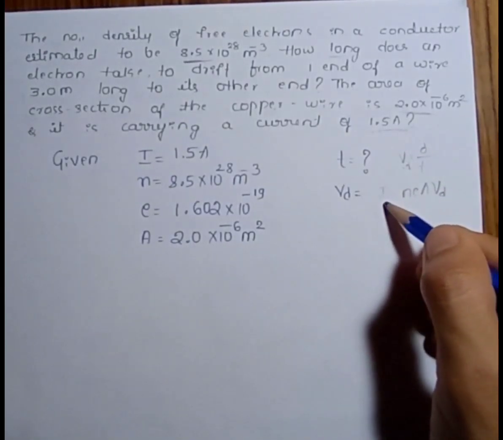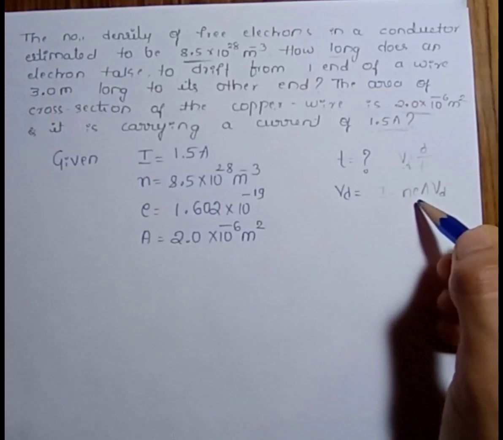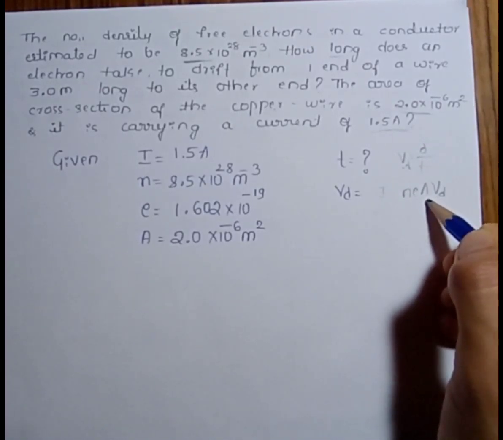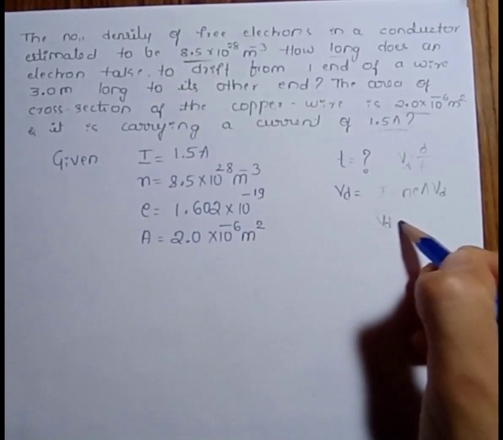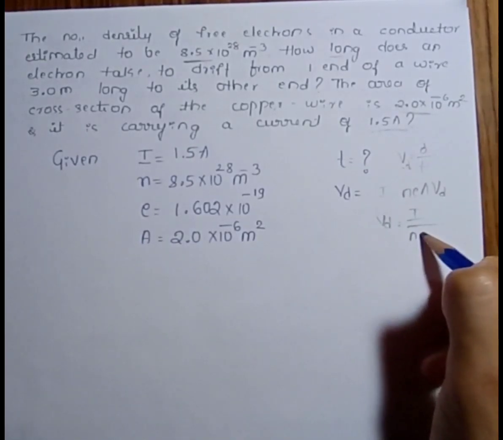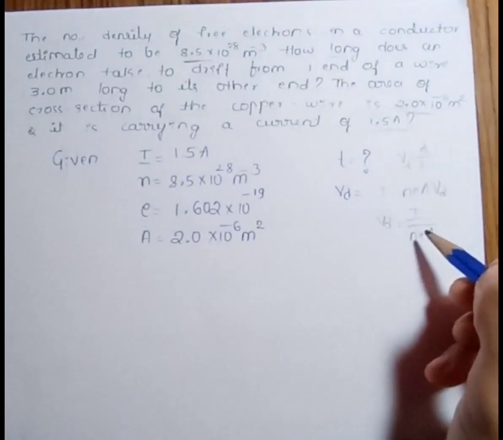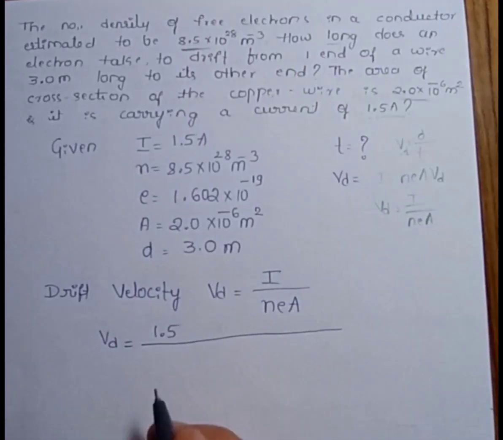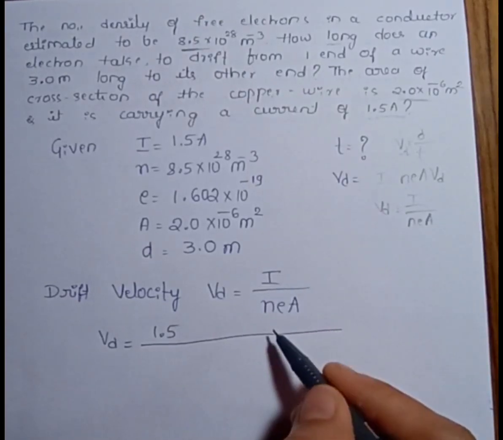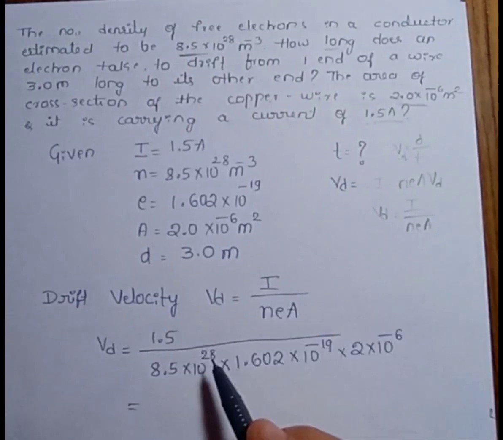Here we know the value of I, n, e, and A. By this expression, the value of Vd is equal to I divided by neA. Drift velocity Vd is equal to I divided by neA.